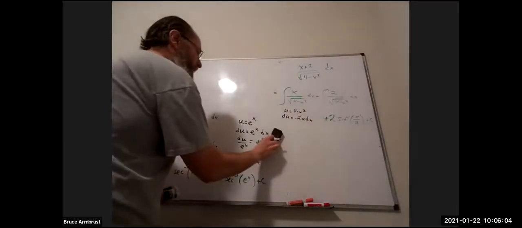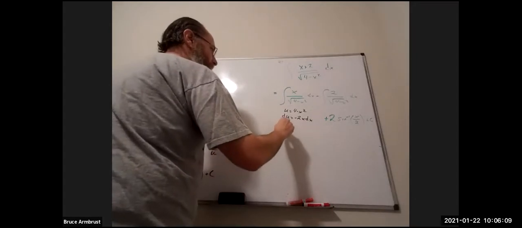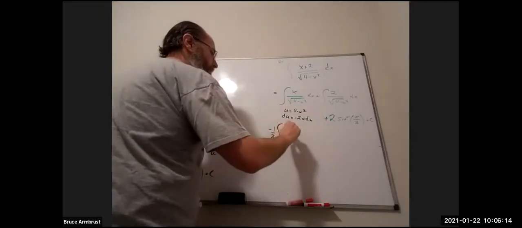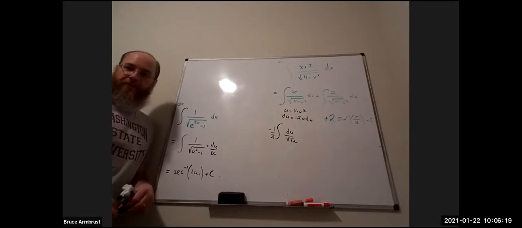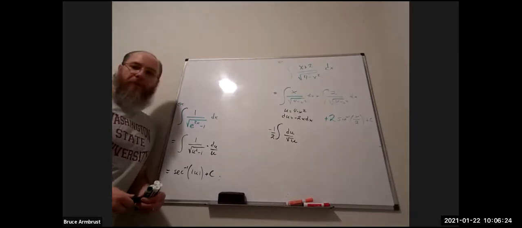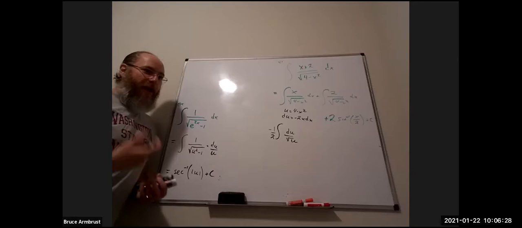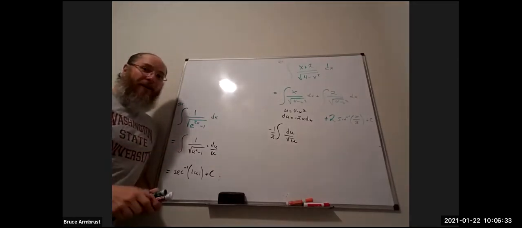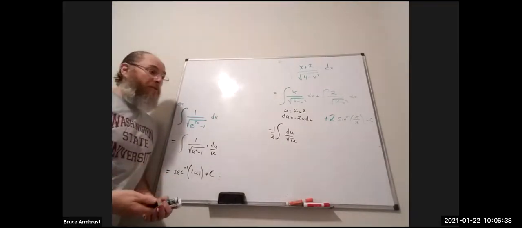So if you change that using u sub, this becomes the integral of minus 1/2 du over the square root of u. I like showing this one because it reminds you that sometimes the easiest way to do it is with our simple techniques, and substitution is a very simple technique.